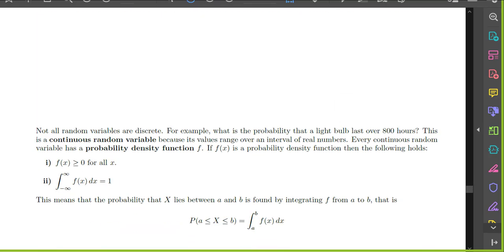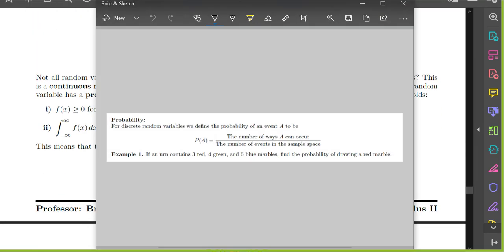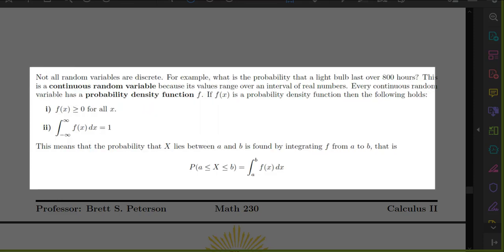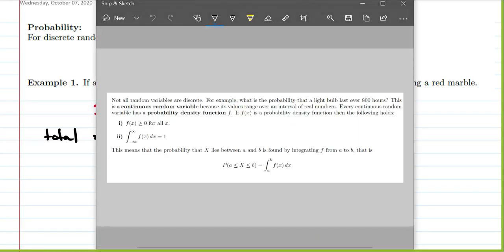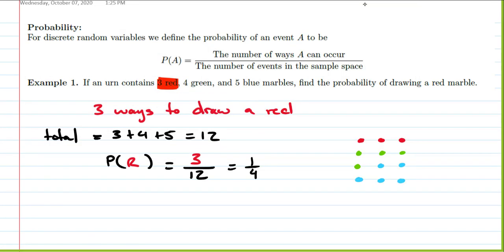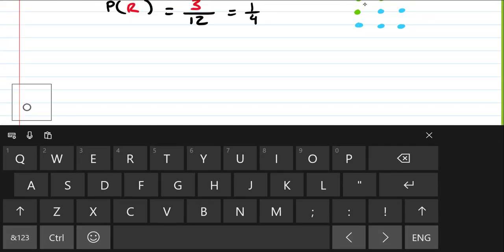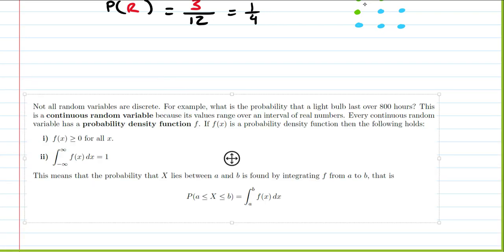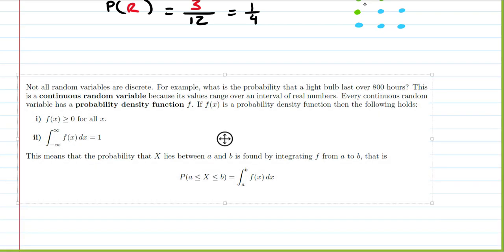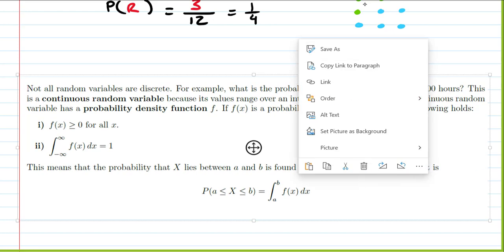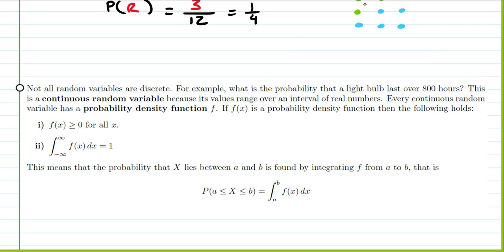So that's the idea of our discrete probabilities. So not all random variables are going to be discrete. So we're not always going to be drawing marbles out of an urn or something like that. So for example, what is the probability that a light bulb lasts over 800 hours?